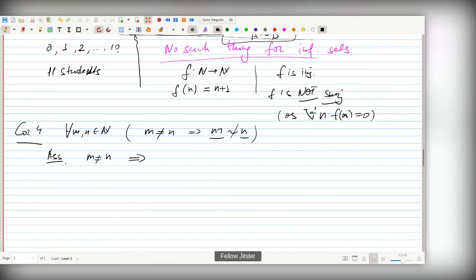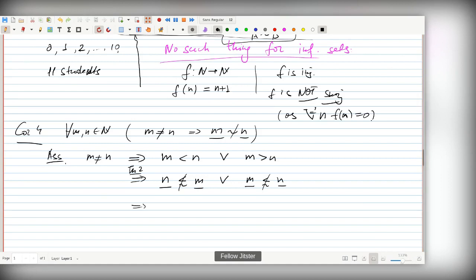No contradiction is required. m doesn't equal n. So then we have two cases: either m is less than n, or m is greater than n. According to our Theorem 2, the Pigeonhole Principle, as m is less than n, there is no injection from n underlined to m underlined. And as m is greater, we have no injection from m underlined into n underlined.